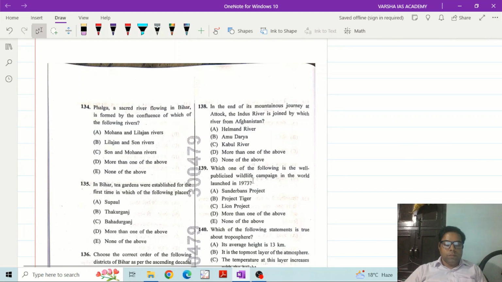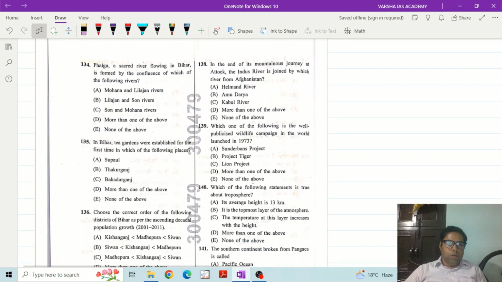Next question, question number 134. Falgu is a sacred river flowing in Bihar, formed by the confluence of which of the following rivers? This is an absolutely factual question on the state geography, on the drainage system. This river is Mohana and Leela Jan river.